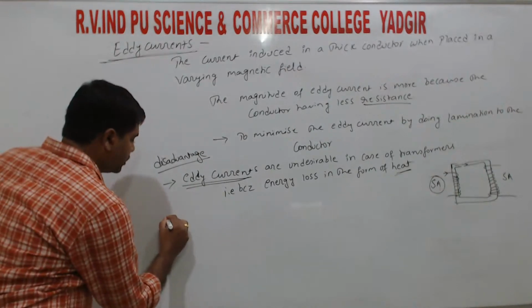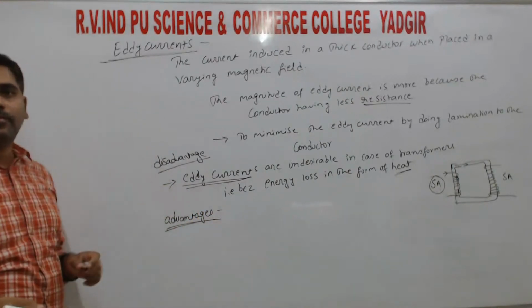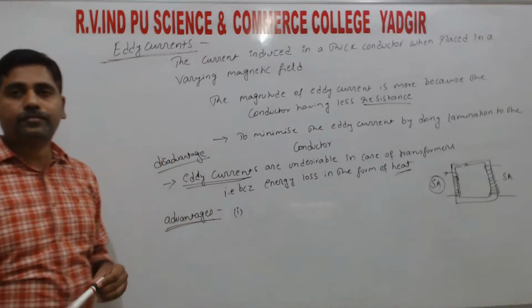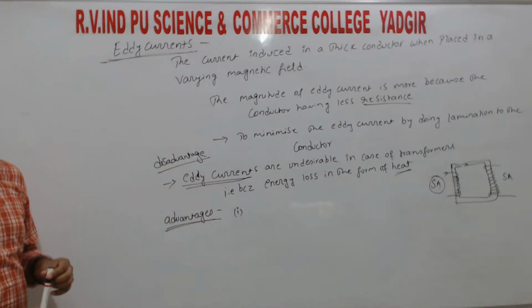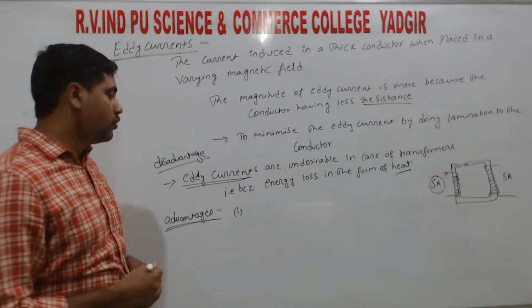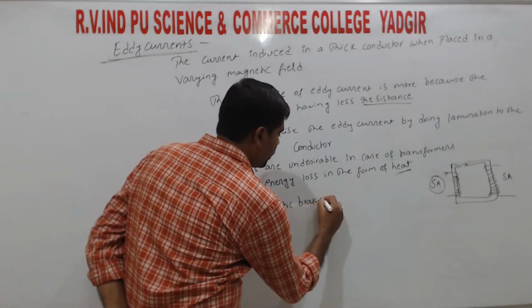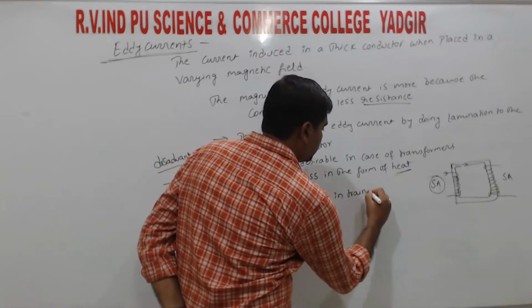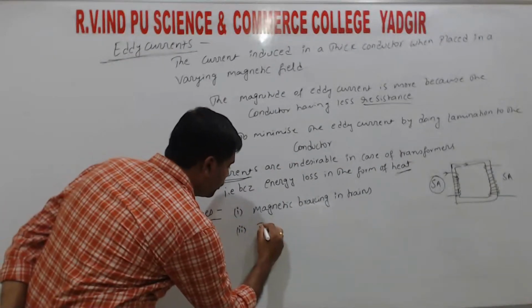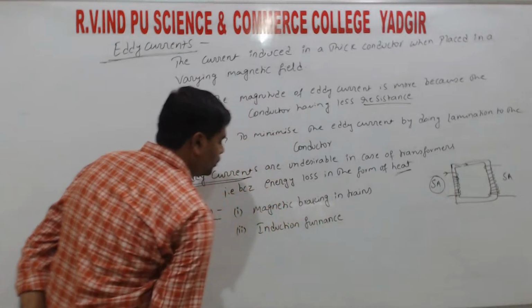So next, advantages. First advantage: magnetic braking in trains, right? Second one, induction purlins.